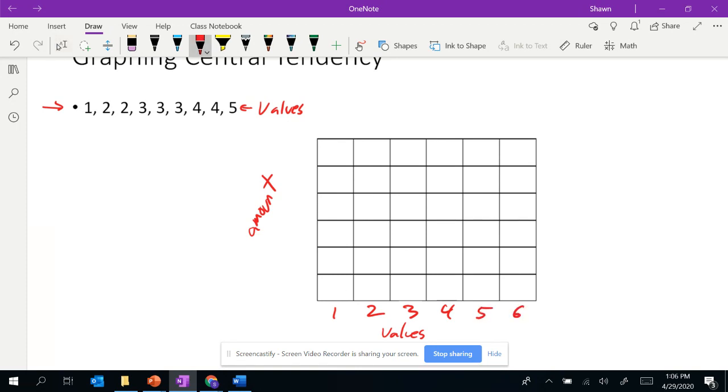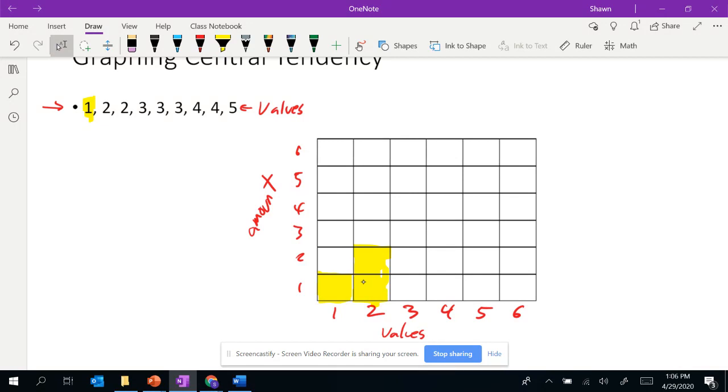Now, how many times do we see these values? Here, we see the number 1 only once. Going back to here, the amount of times we see this is 1, 2, 3, 4, 5, 6. We only see that one time. We see the number 2 two times.